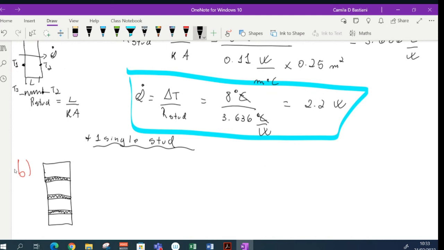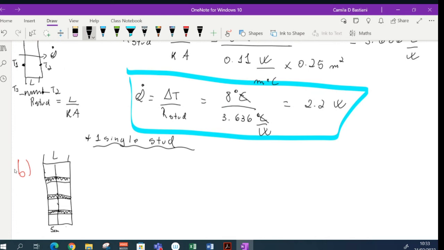Okay? So I have my L, that's again 10 centimeters because I want my pair to be 10 centimeters. I'm not assuming that I have a contact resistance between them, okay? So I don't need to worry about the division between each one of the 5 centimeters, okay?